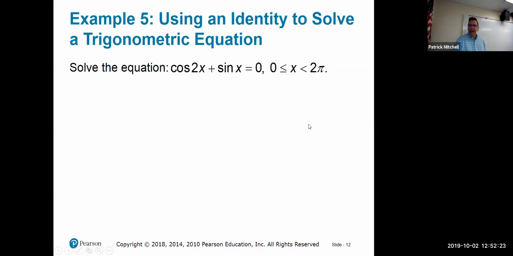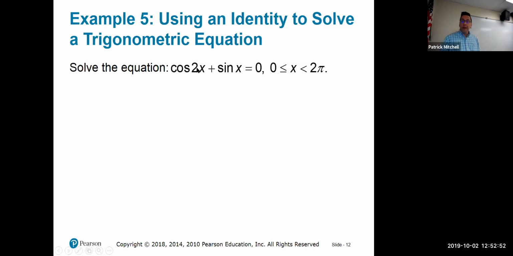All right, next example, using an identity to solve a trigonometric equation. So this one looks kind of tricky. You look at this and it's like, oh my gosh, it's the cosine of 2x and then the sine of x. What am I supposed to do with that? Well, I think it would be a little clearer if this 2x was not a 2x, if it was just an x.